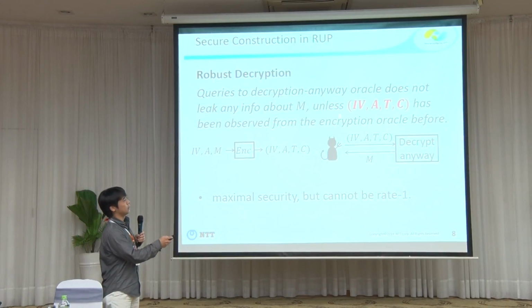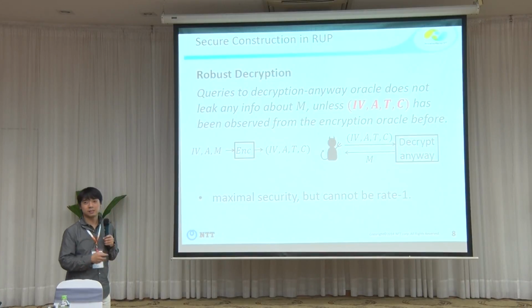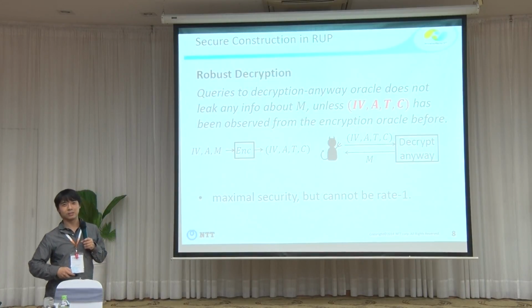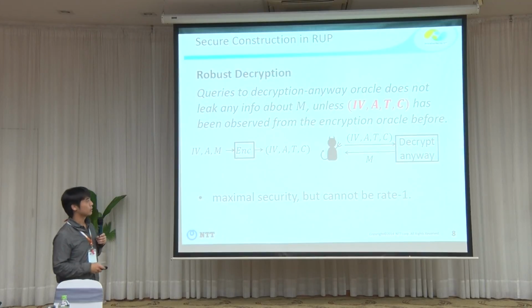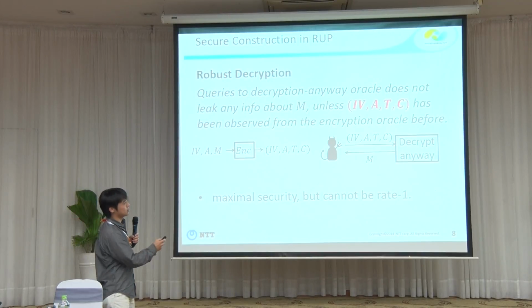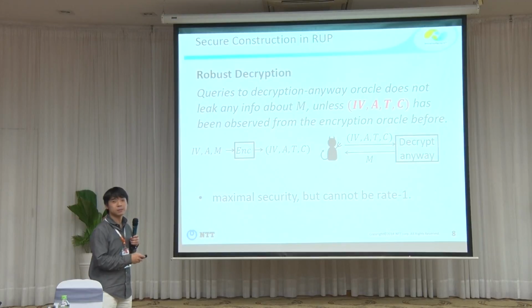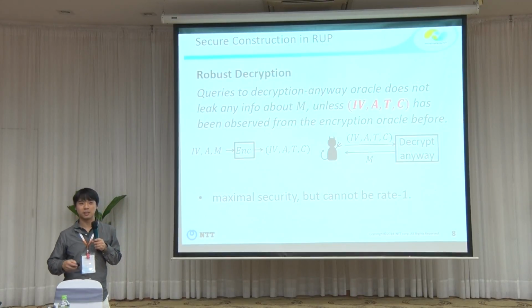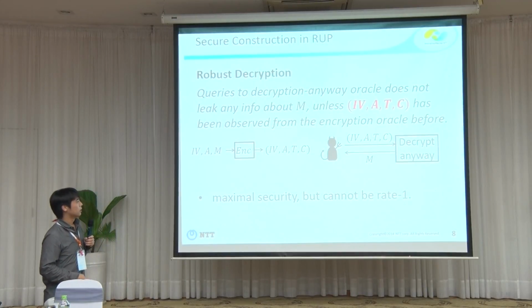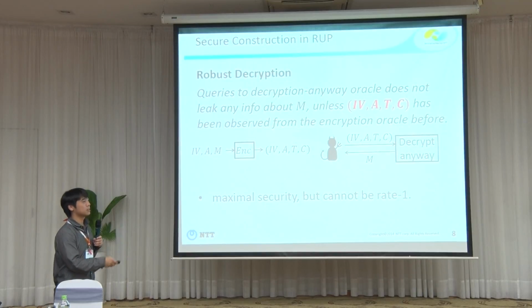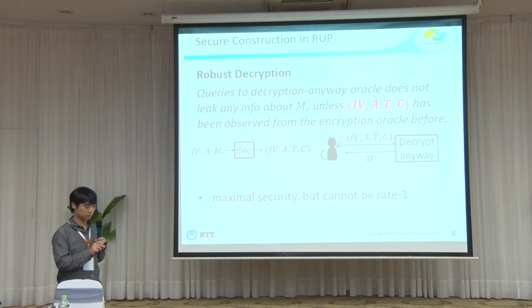Simply, if exactly the same thing is repeated, then we know that exactly the same thing is repeated. So it's like a replay. This notion says, except for replay, this construction doesn't leak any information. So this achieves maximum security, but it's not efficient. It can't be rate 1.